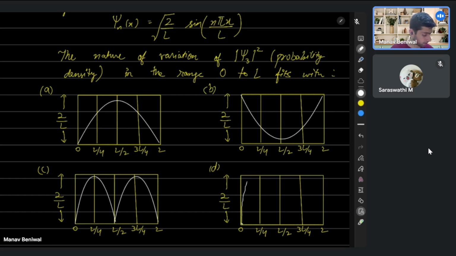And D goes like this. So it has this L by 2, then again it has 2 divisions here and 2 more here.